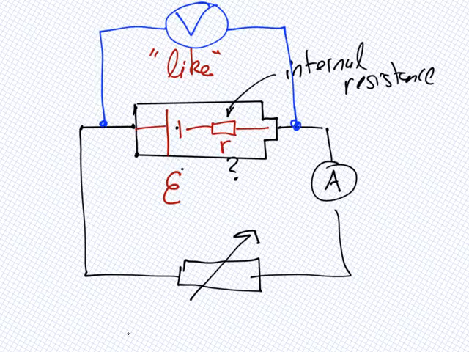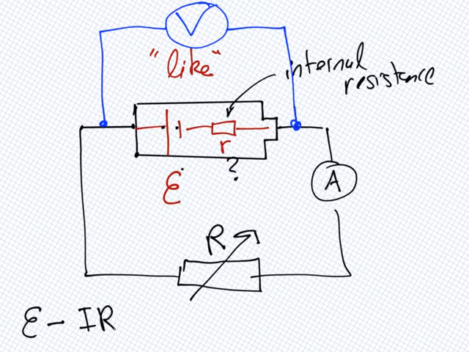So Kirchhoff's loop rule. Let's start here with the E and go around. So I have E minus any resistor? Here, this is an R, which we can change. So that's E minus I R. And then it goes back, and then this one here is minus I small r equals 0.